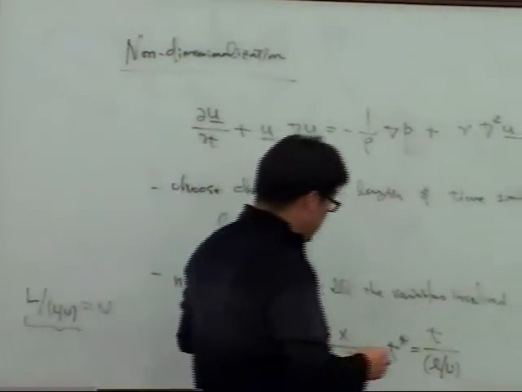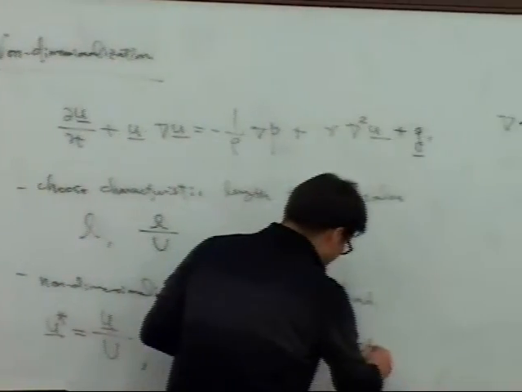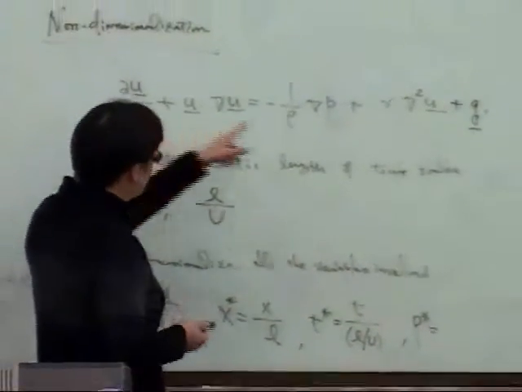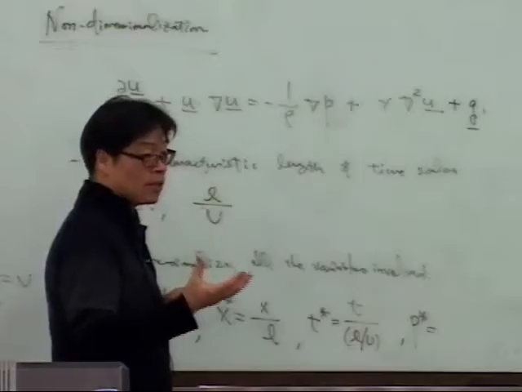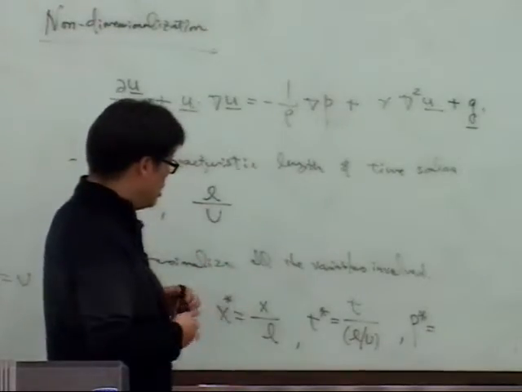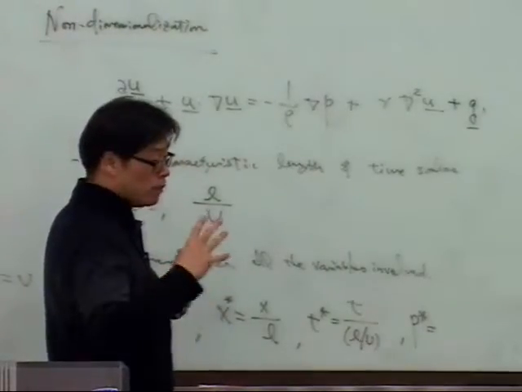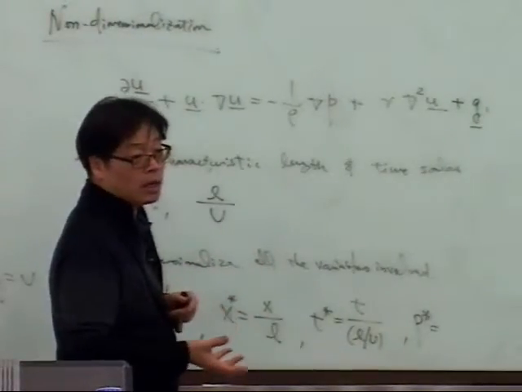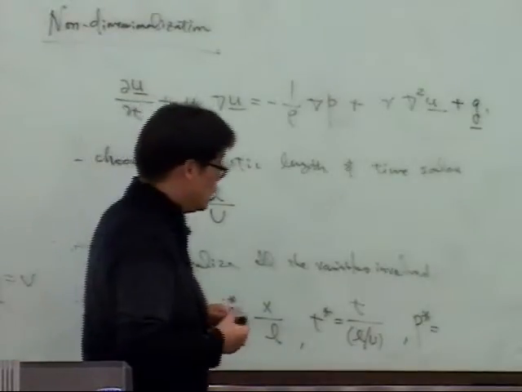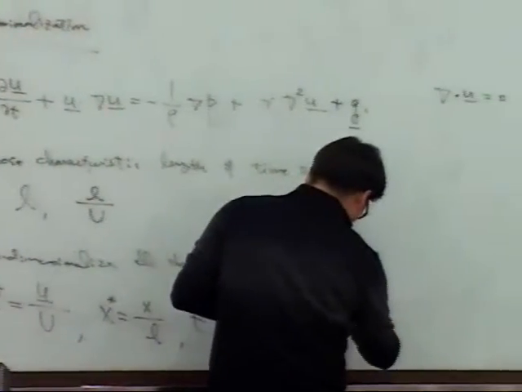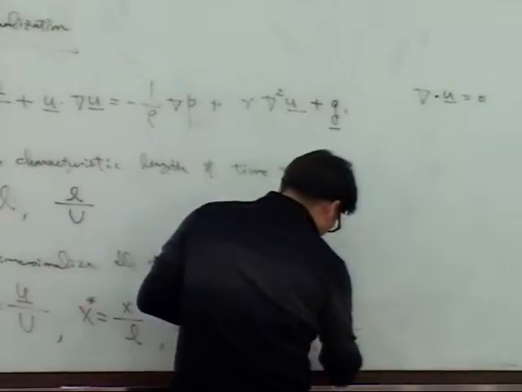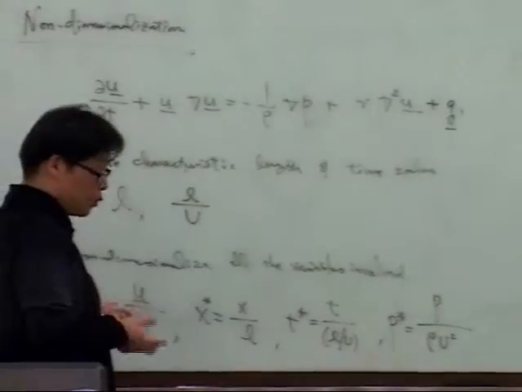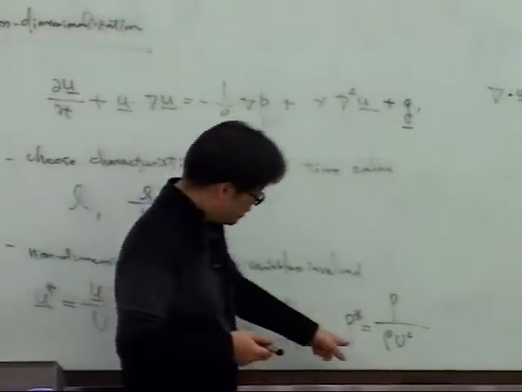And then p, that's another dependent variable. So u and p are dependent variables, meaning that those are the things that we are trying to find. p star is force divided by area, so the dimension of that is nothing but this. You can go through to find this.